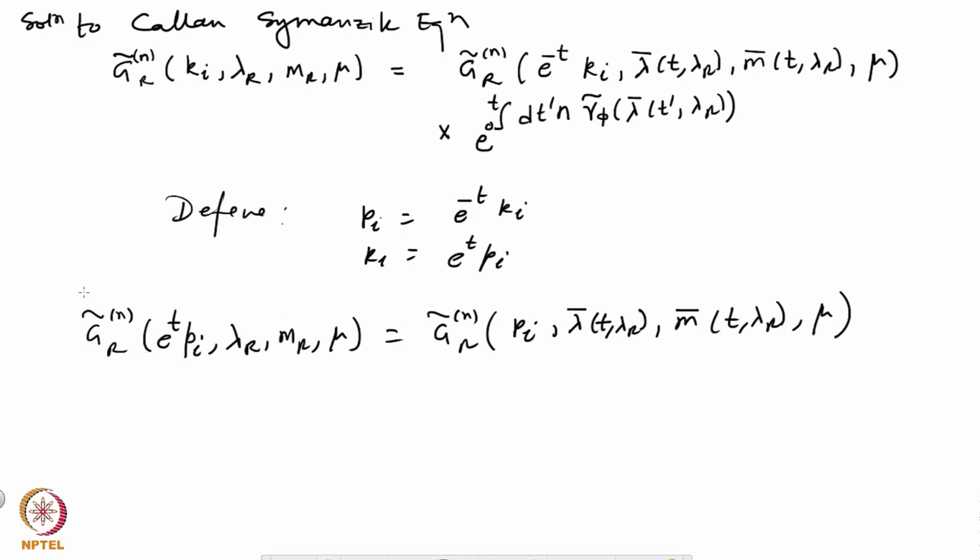So you see that the Green's function at scaled up momenta is related to unscaled momenta, but the Green's function now here involves running couplings and running masses. Instead of lambda r and mr, this involves running coupling and running masses, and also you have this exponential factor.